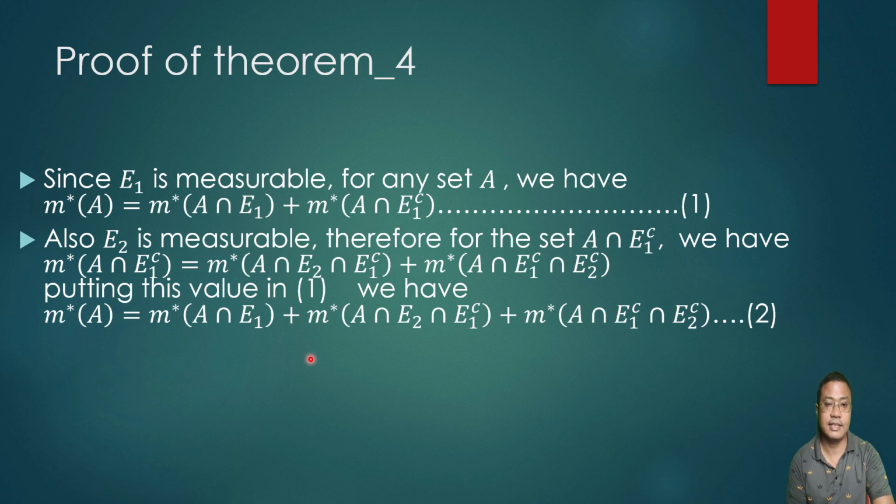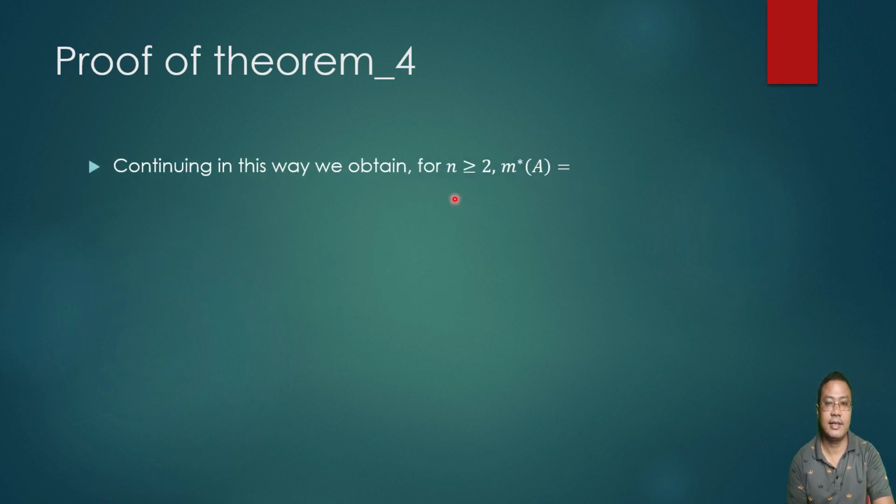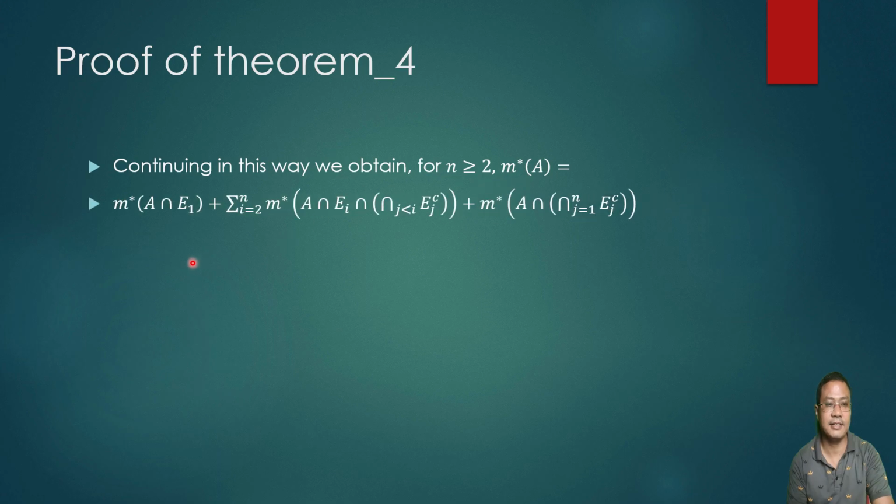So for any n greater than or equal to 2, you have this equality: M star A is exactly equal to M star A intersection E1 plus summation i running from 2 to n of M star A intersection Ei intersection, j less than i, Ej complement, plus M star A intersection, j running from 1 to n, Ej complement.